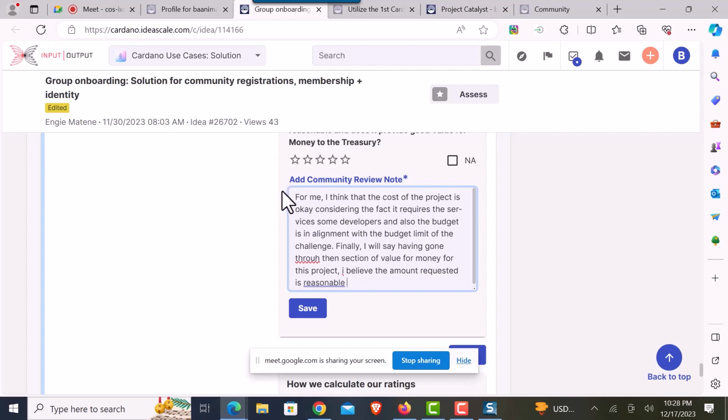Yes, so this is what I would put in there to close. Or you can just finally add: hence it's good value for money for the Cardano treasury.